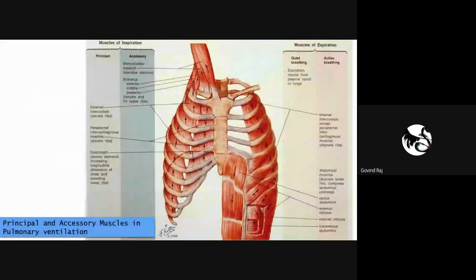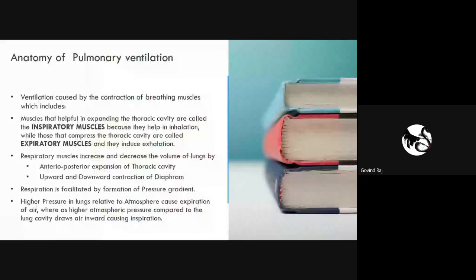When the pressure outside of our lungs is greater than the pressure inside of our lungs, the air is drawn into the lungs, whereas when the pressure inside the lungs is higher than atmospheric pressure, the exhalation of the air takes place, that is the outward movement of air. So higher pressure in lungs relative to the atmosphere causes expiration of air, whereas the higher atmospheric pressure compared to the lung cavity draws air inward, causing inspiration.